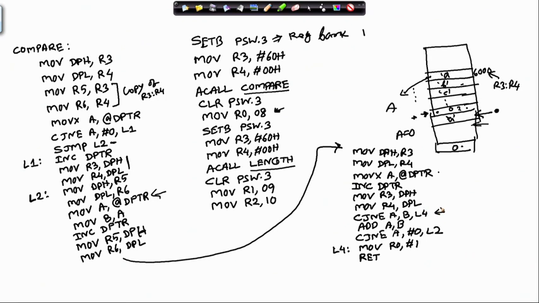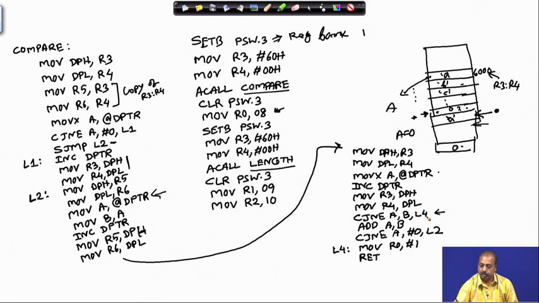If the characters are the same, it will come here, and if the characters are not the same, then it will come to L4. So, R0 becoming 1 means the strings are not the same. If the characters are the same, then I am checking whether I have reached the end of the string or not. So, that way by doing this program, I can do a substring check, okay.